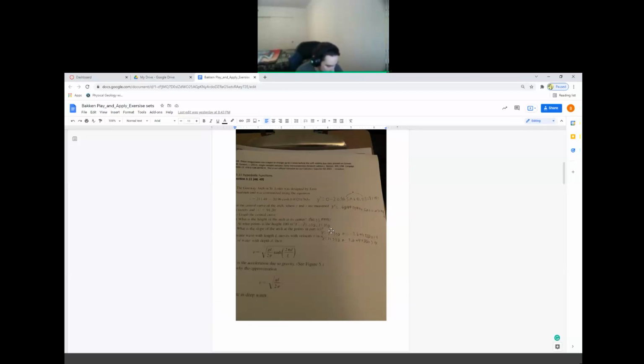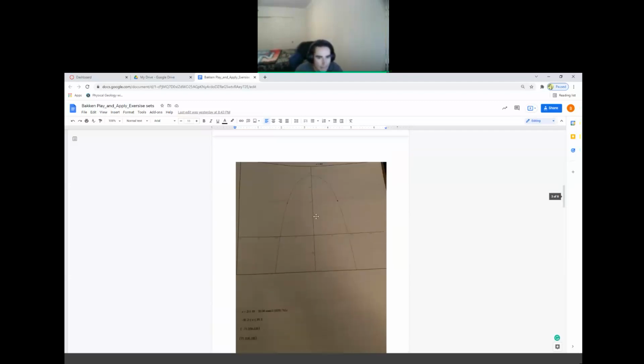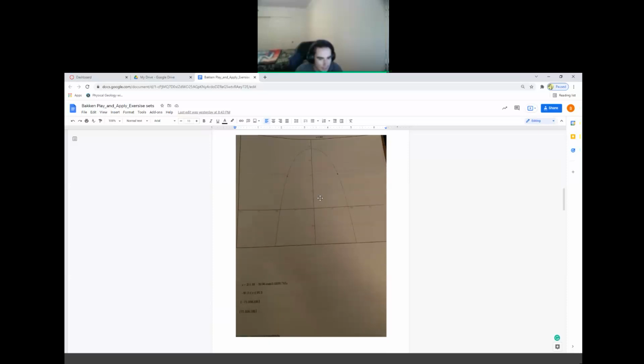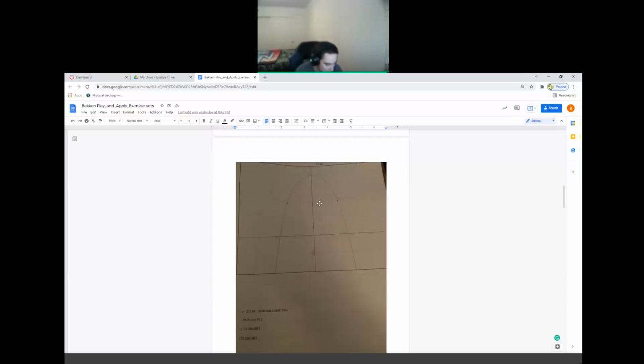C, at what points is the height 100 meters? So that was pretty simple. Back to Desmos. Whenever the height is 100, so the y value is 100, what corresponding x's are going to be there, which obviously is going to be 2, negative 71.558 and positive 71.558 for the x values for the height to be 100 meters.